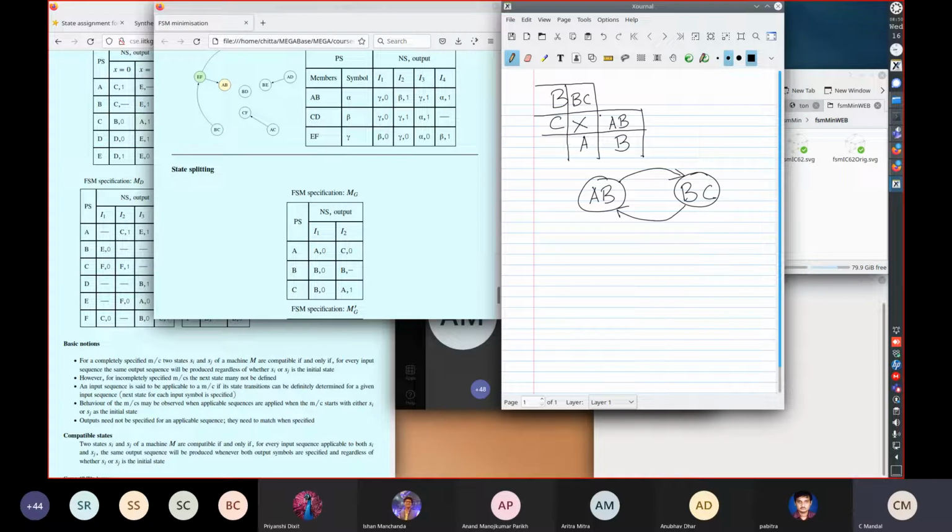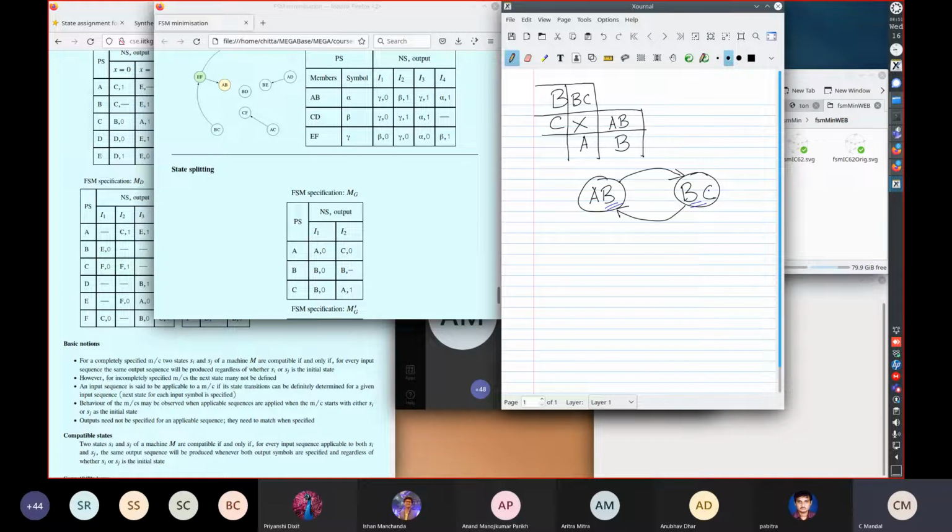But as you can see, this one is not present. So you have this state here as well as here.